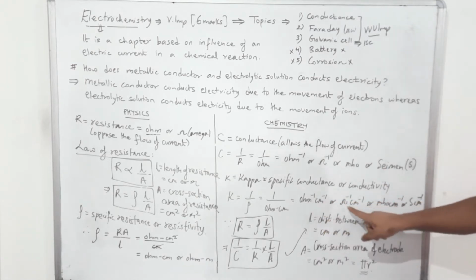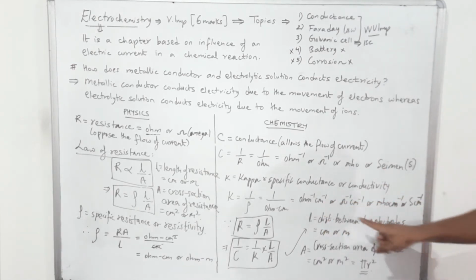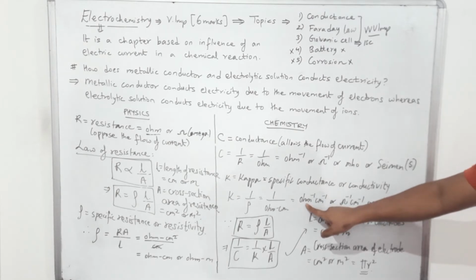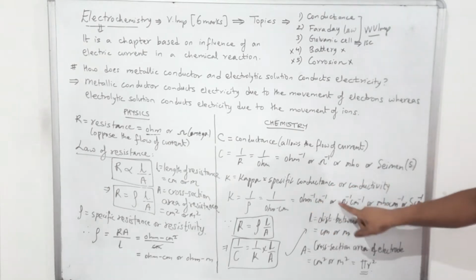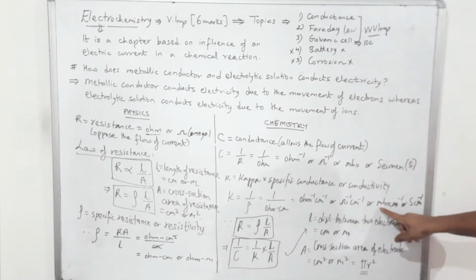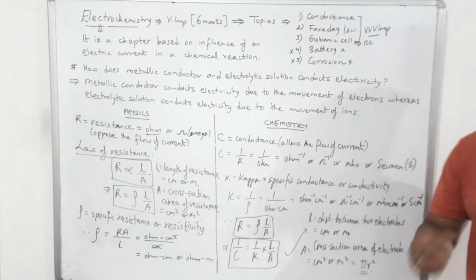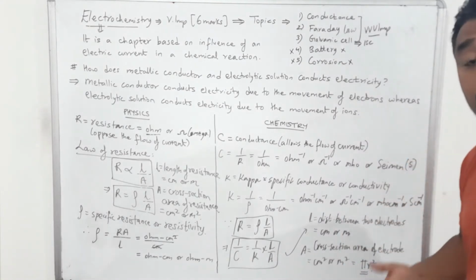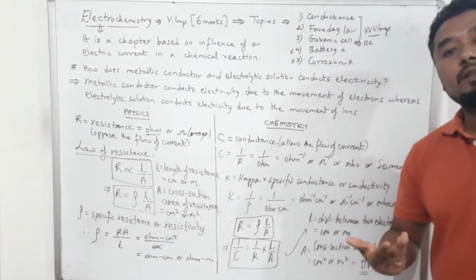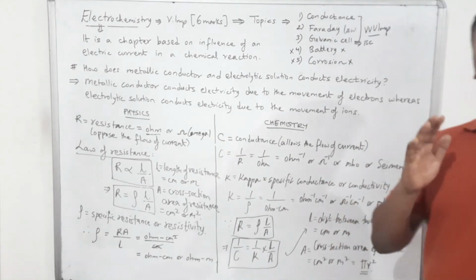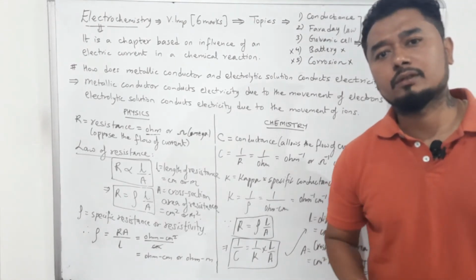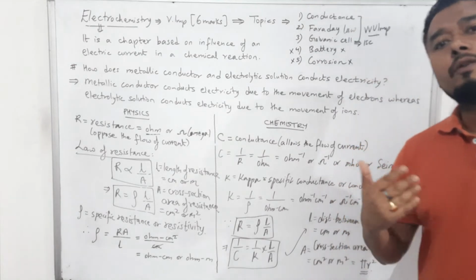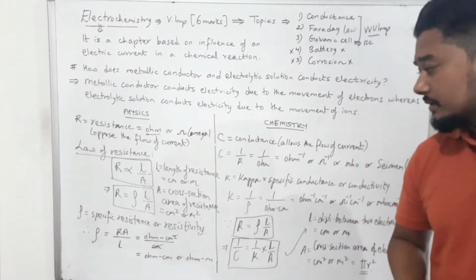So this is the unit of kappa. The unit of kappa is ohm inverse centimeter inverse, omega inverse centimeter inverse, mho centimeter inverse, or Siemens centimeter inverse. And you have to remember all these units, students, because for numerical problems or objective questions may be asked from the units.